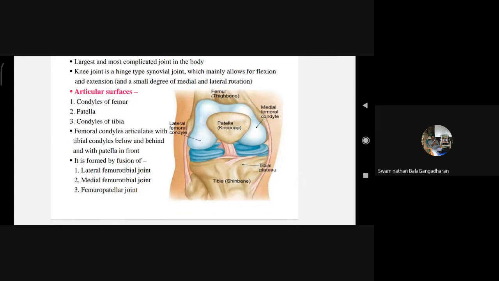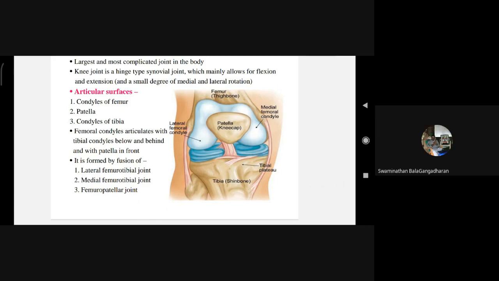If I am moving my hand towards my navel region, it is towards the midline. If I move my hand away from the navel region, or raise my hand, it is away from the midline. So medial means towards the midline. Lateral means away from the midline. Are these two terms clear? Yes, ma'am, it's clear.